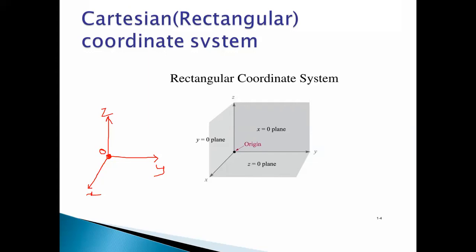Then the line to the left side, in between your left side wall and your floor, that is your x-axis. Right?